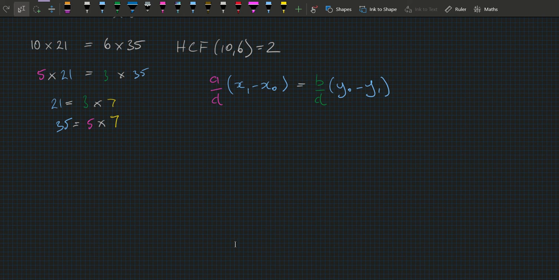Okay, and so that means that following on from before, x1 minus x0 will have to equal B on D times something, and we'll call that number T, and following along the same lines, y0 minus y1 will have to equal A on D times something, and we'll call that T to make things easier for later on.